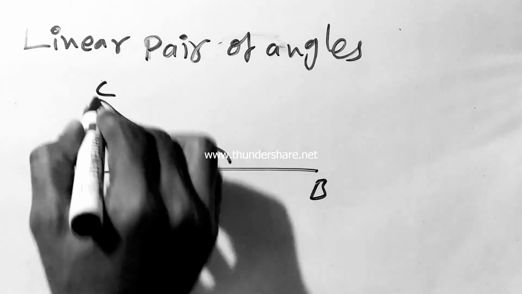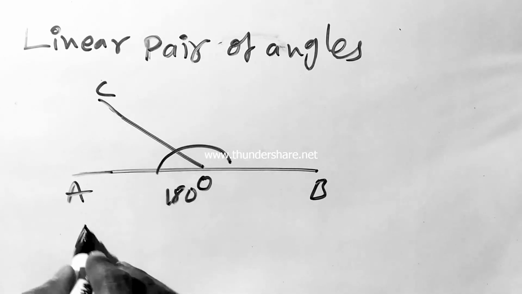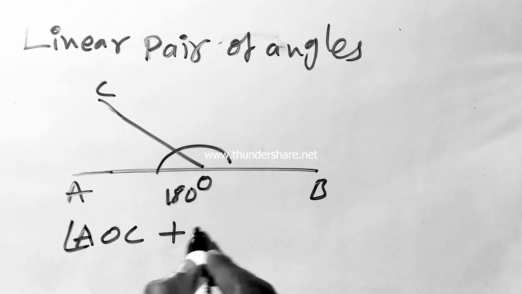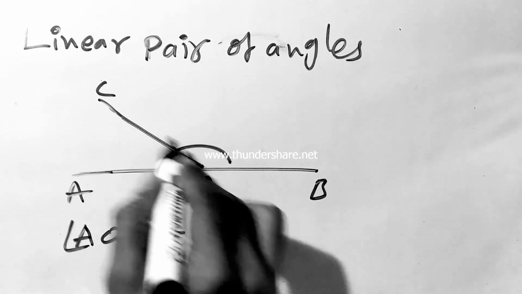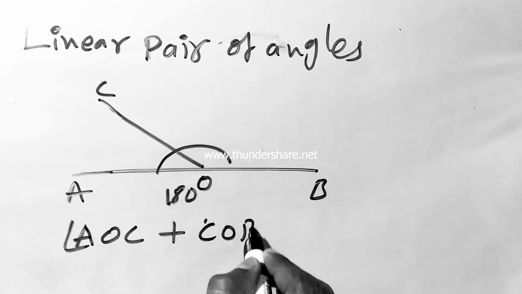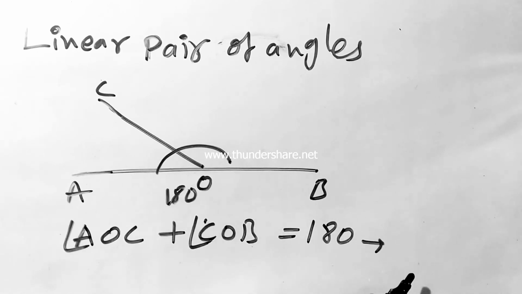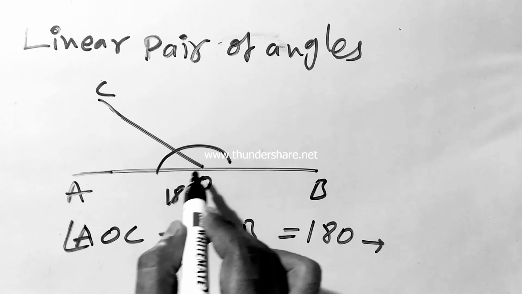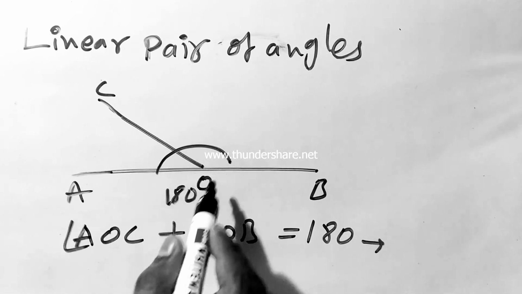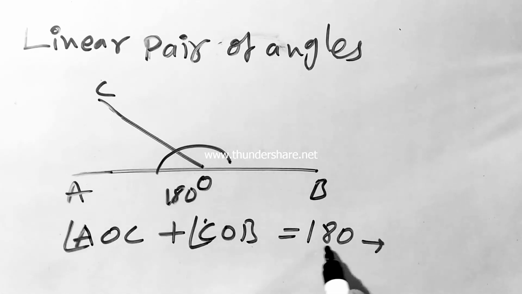So AOC plus COB should be equal to 180. This is a pair of side by side angles that should be linear, a straight line.